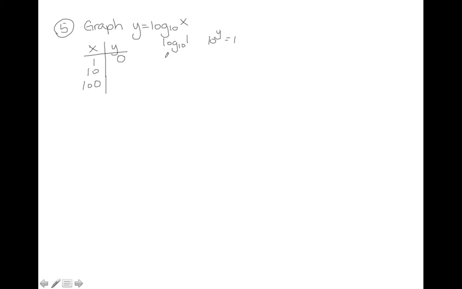Okay, plug in 10, so log base 10 of 10. That's saying 10 to what power gives me 10 as an answer? That would be 1. 10 to the first power gives me 10. And then finally, plugging in 100. This is saying 10 to what power gives me 100 as an answer, which would be 2. Okay, so I'm still kind of thinking in exponential form over here.